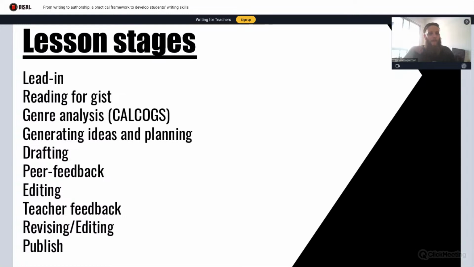Yeah. And then they have teacher feedback, and then revising. It's usually that nitpicking that we do. It's like, look at this spelling, look at this grammar, check this word, check this or check that.